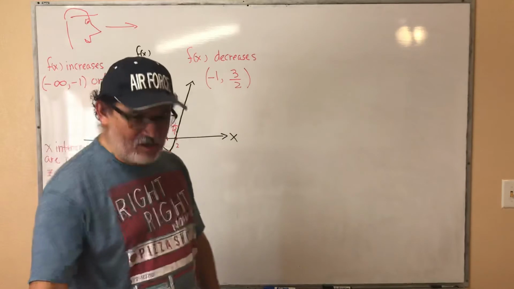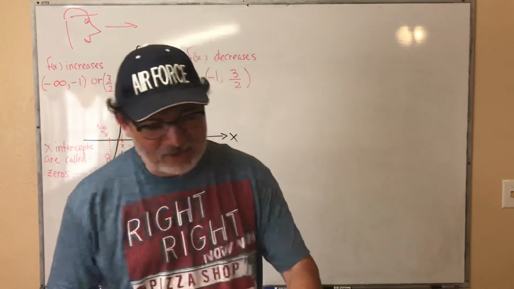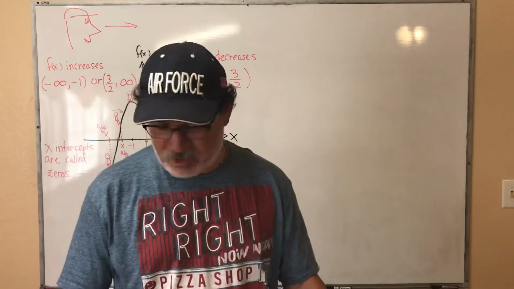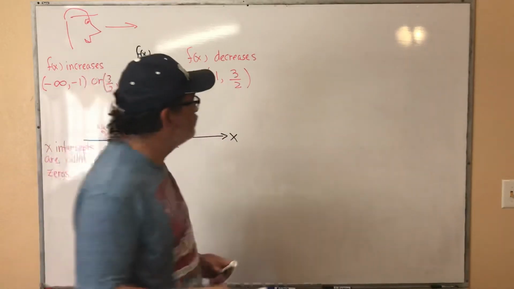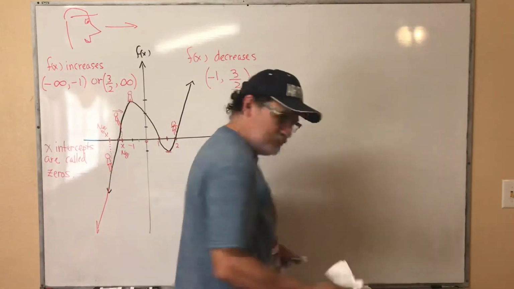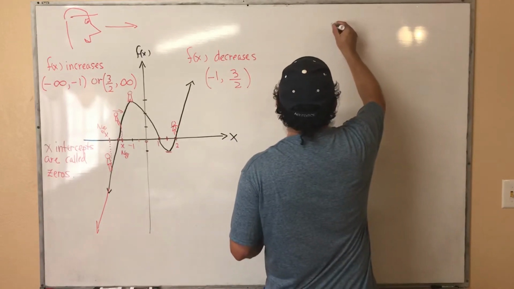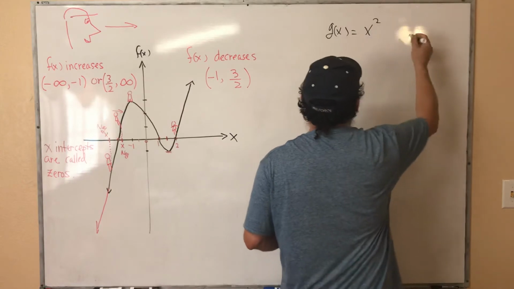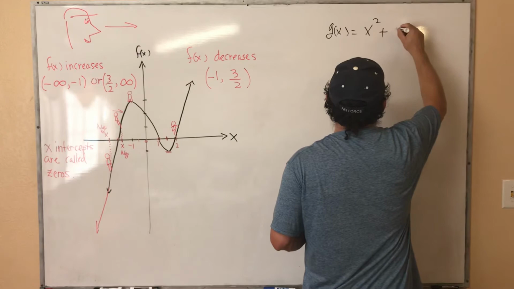All right, very good. So, watch this. Consider the following, good class. Here, I'll give you this one. G of x equals x squared plus 2.